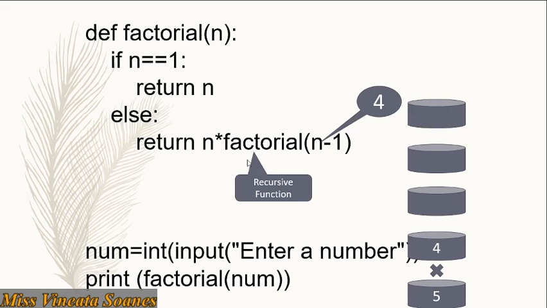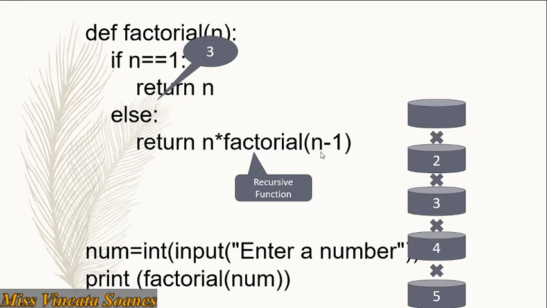Before it does anything, you're saying 4 into, again you're calling factorial, so this 4 will again be stored in a stack. And again you're calling factorial, so the next one will be 3. This 3 again checks if it's equal to 1. No, it's not equal. Again it's saying 3 into factorial, so 3 again gets stored in the stack. Then you're calling factorial, so 2 will come, and the same thing will happen.